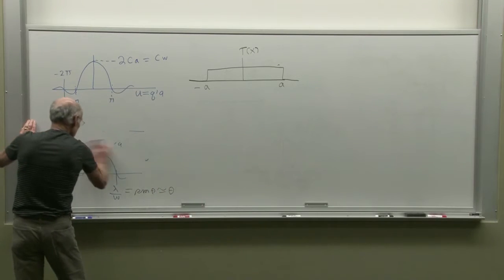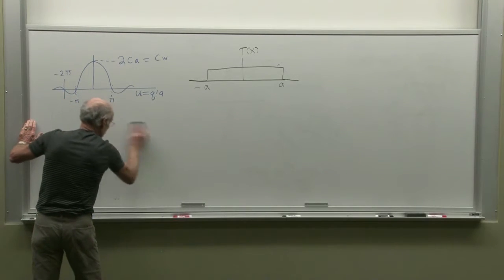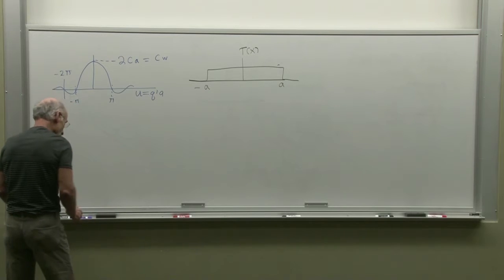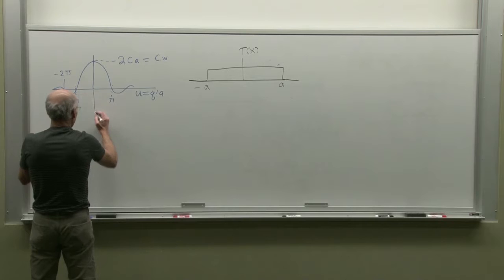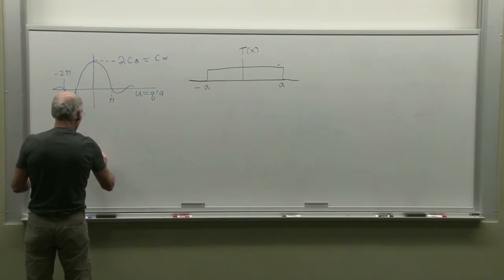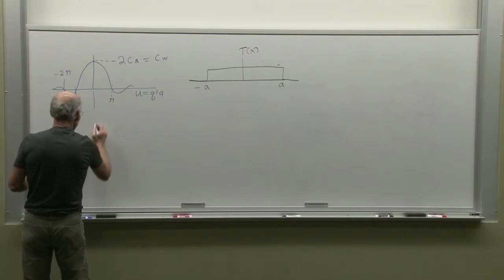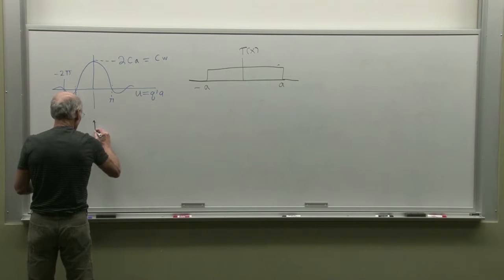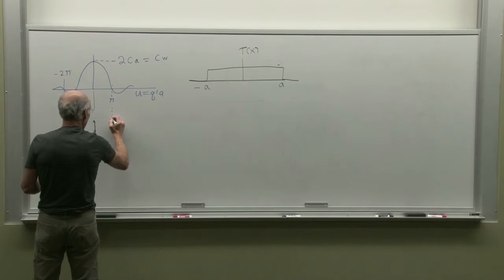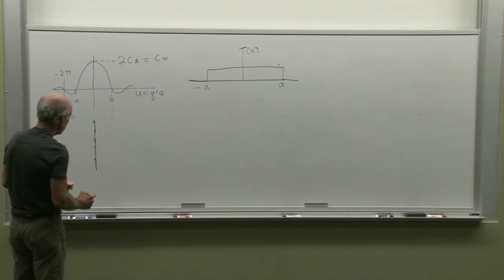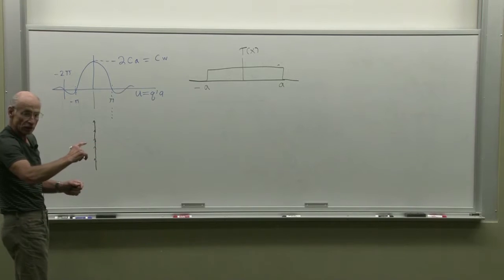As a matter of fact, the first minimum is a rather special point. I think I'll get rid of these two and draw a little phasor diagram here. Right here, I've got a bunch of phasors that are all pointing in the same direction, like so. But out here at the first minimum, they've managed to point in a complete circle.